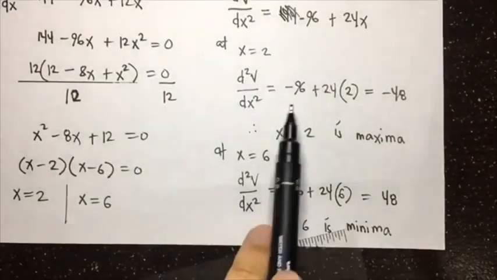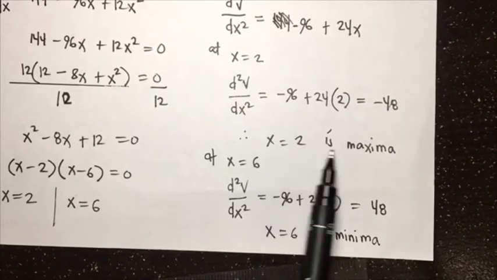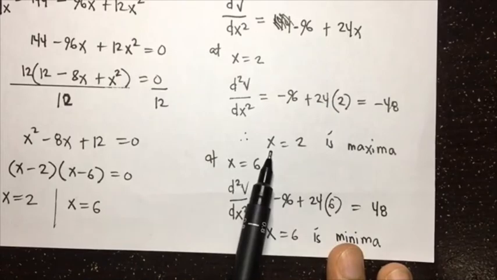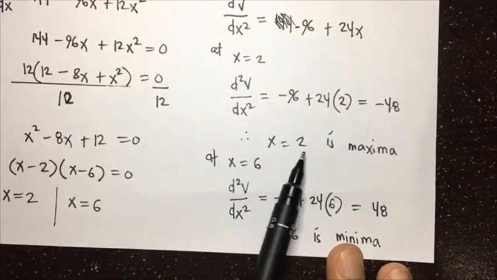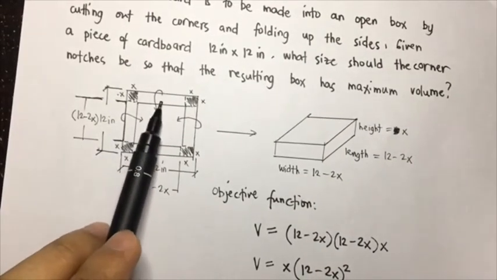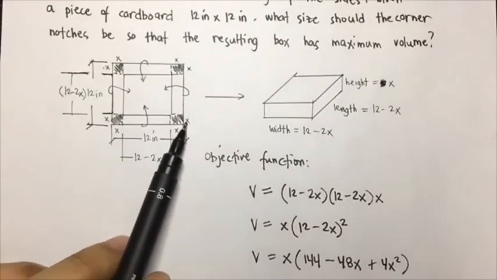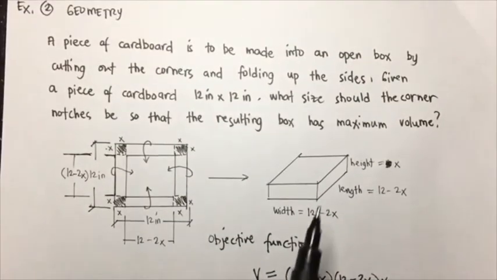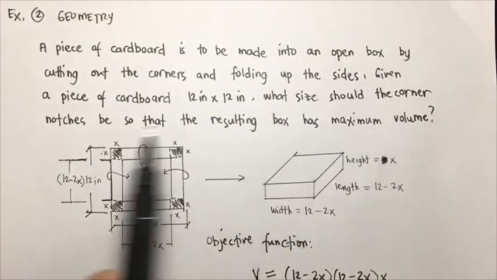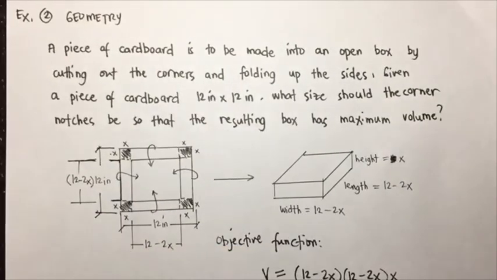We want the maximum value of the volume, and the maximum value of the volume occurs when x is equal to 2, or the length of the cutouts is equal to 2 inches. So what was the problem again? Let's read: what size should the corner notches be so that the resulting box has maximum volume?